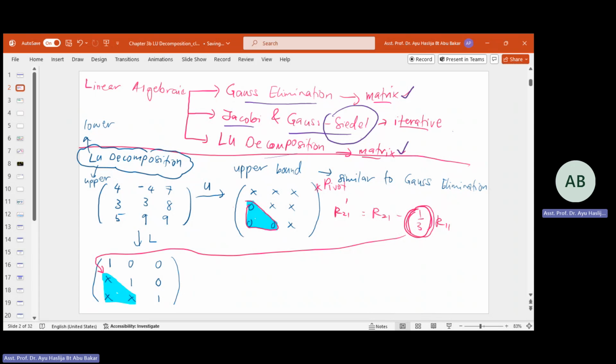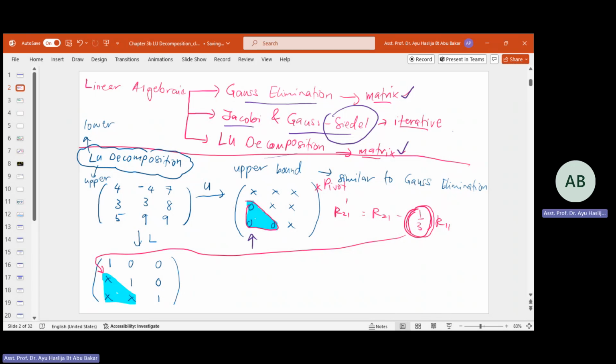For the LU decomposition matrix, after you convert your linear algebraic into matrix form, you will need to form them into lower and upper matrix. LU here stands for lower and upper matrix. For the upper matrix, similar to the Gauss elimination method, you must zero the bottom triangle. Same as Gauss.